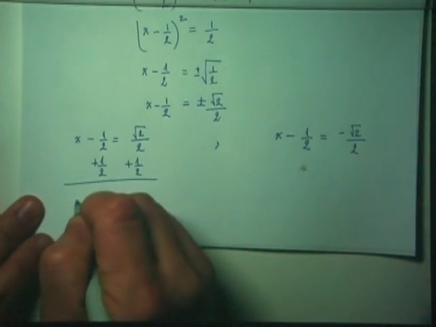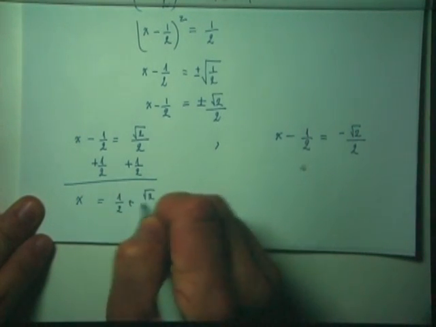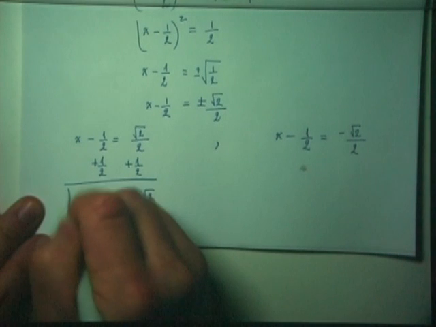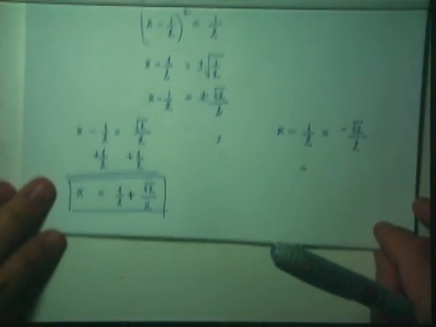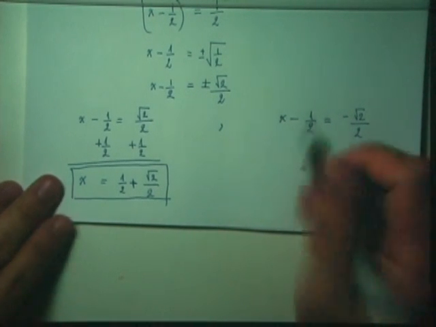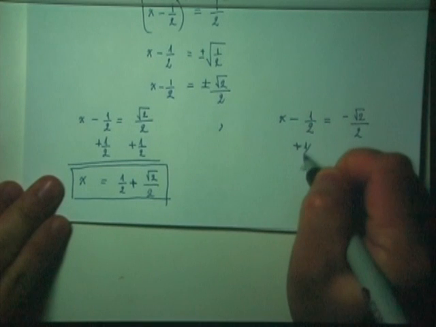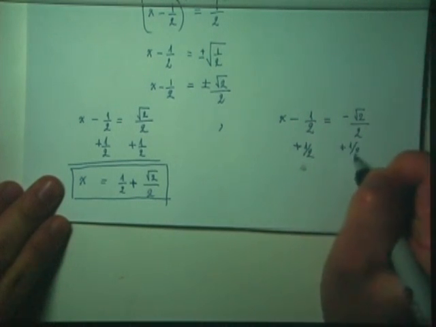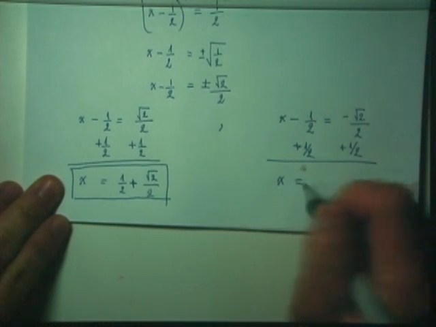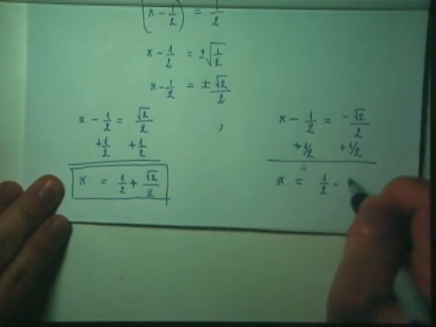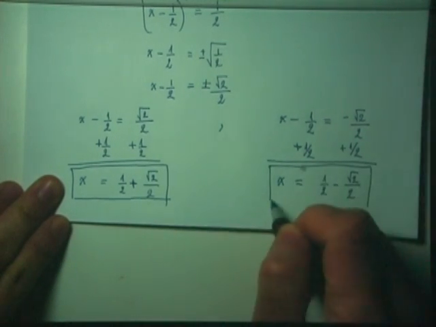And that gives me x equals 1/2 plus square root 2 over 2. And here is my first answer. In my second equation, once again, I need to add 1/2 to both sides of the equation, and that gives me x equals 1/2 minus square root 2 over 2. And here's my other solution.